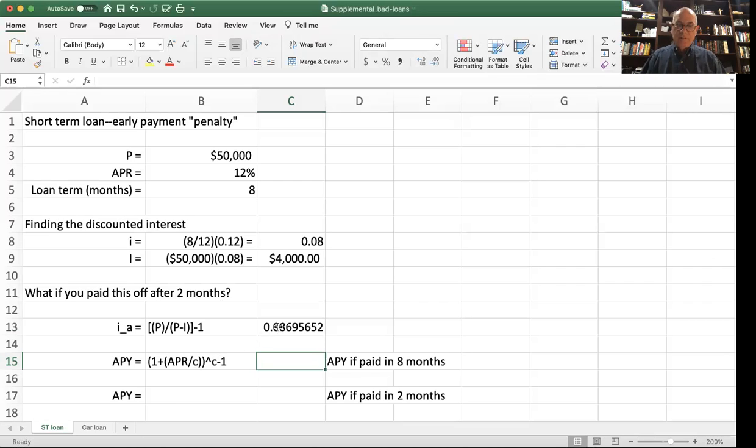Now, however, this is an 8-month loan, and we didn't talk about compounding periods, but we do assume that C, the compounding period here, is like 8 months. So first of all, this APR divided by C needs to be replaced because it's really not APR divided by C for this calculation.